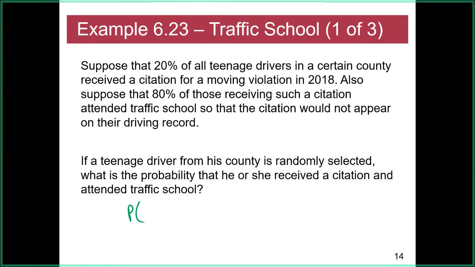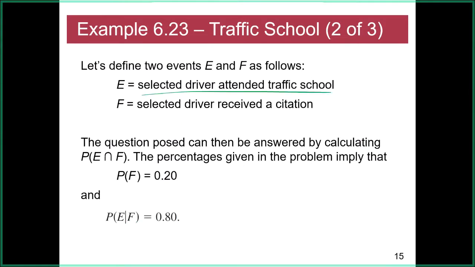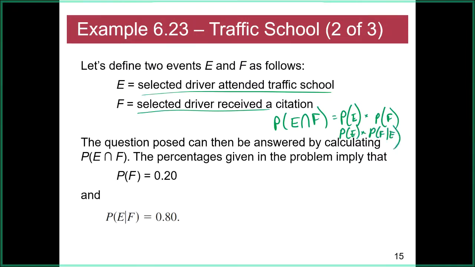Well, if receiving the citation and attending traffic school are independent, we'll let E be the event they went to traffic school and F be the event they got the citation. The probability of E intersect F is just the probability of E times the probability of F. Or the general probability rule, even if they're not independent, is the probability of E times the probability of F given that E has occurred.